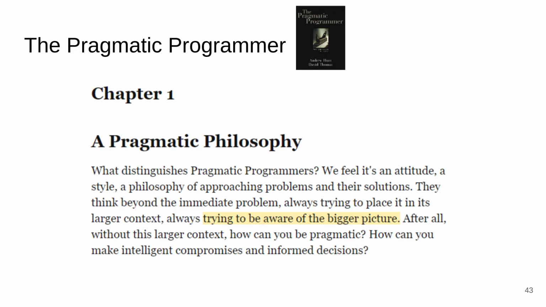Okay, so some daily wisdom here from The Pragmatic Programmer, chapter 1, towards the very beginning. If you get a chance to read this book, it's wonderful, one of the ones I've recommended. What distinguishes a pragmatic programmer is this idea that you're always aware of the bigger picture. What is the actual software that you're trying to build?